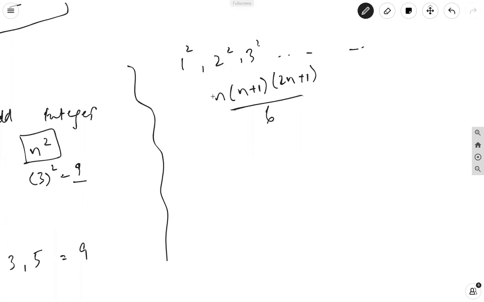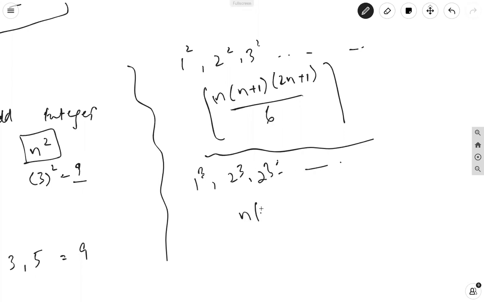This is when you're asked to find the sum of squares of integers starting from 1. And in case you're asked about the cubes, that will be n into n plus 1 divided by 2, whole square. Right? Okay, so even note this. Shall I proceed forward?